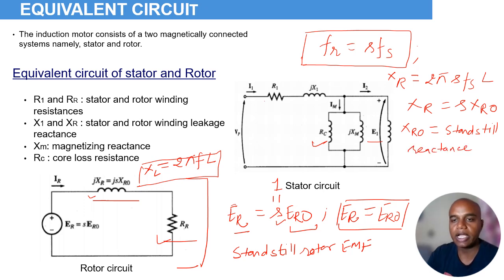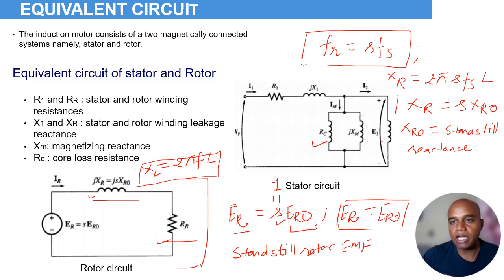If the rotor is at standstill, it is not moving, the slip equals 1, and the reactance of my rotor also equals the standstill value, which is XR naught. And as the rotor picks up speed, the slip goes down, and again the reactance of my rotor gets reduced.